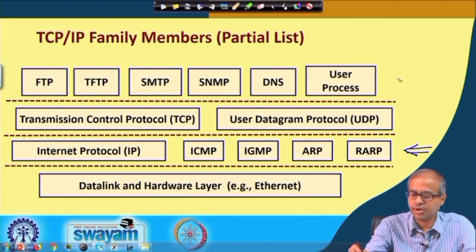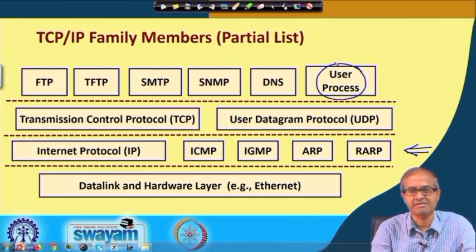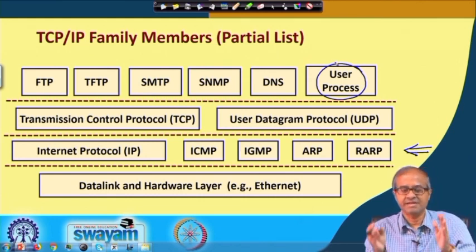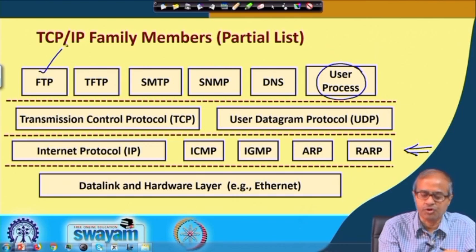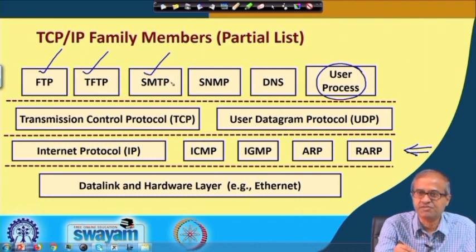And at the topmost layer, the application layer, you can have any arbitrary user applications running. In addition, as part of TCP/IP, there are some specific applications also included in the family, like file transfer protocol, trivial file transfer protocol, simple mail transfer protocol.